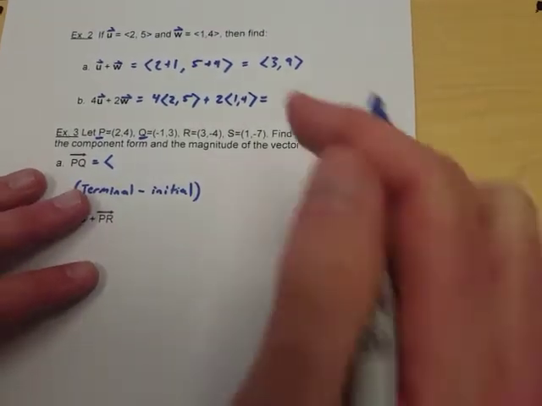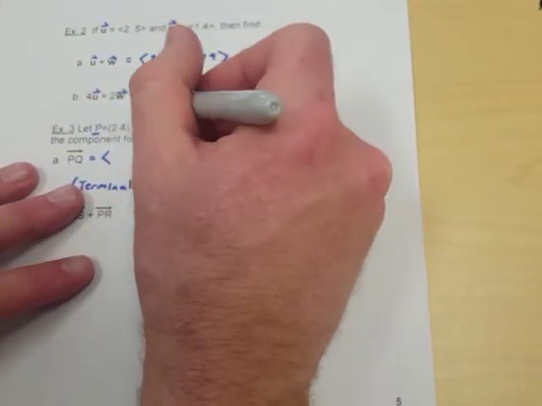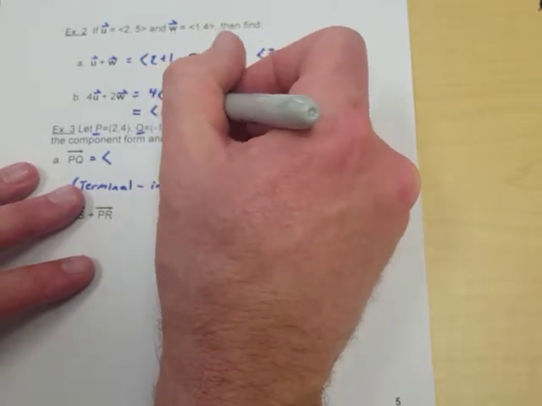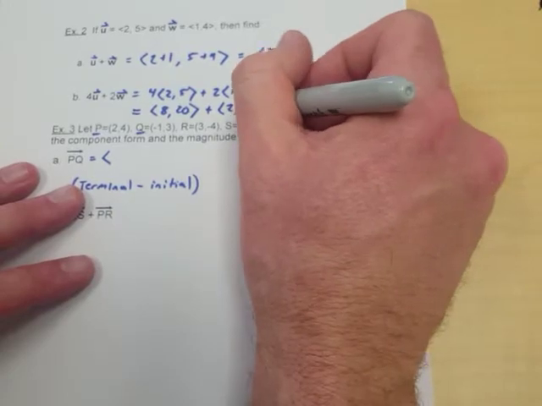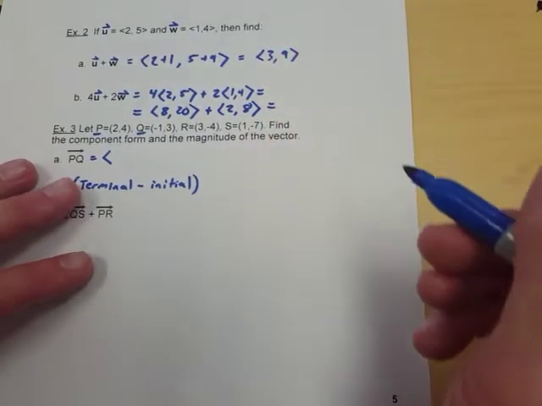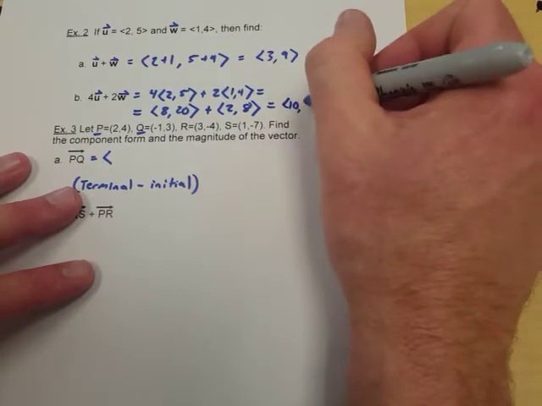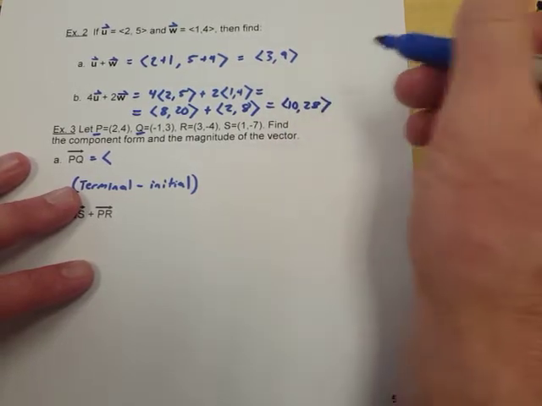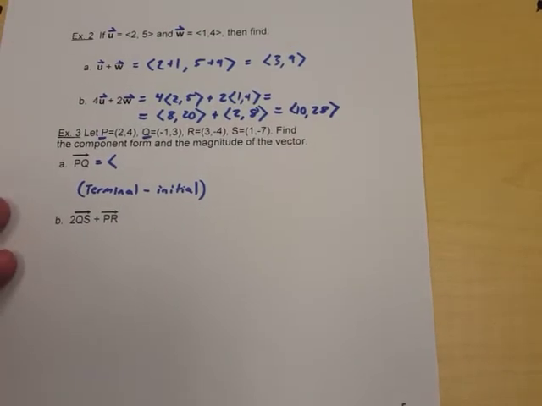So then we can distribute, and we get then 8, 20 plus 2, 8. Add those together, and we get 10, 28 for our vector.